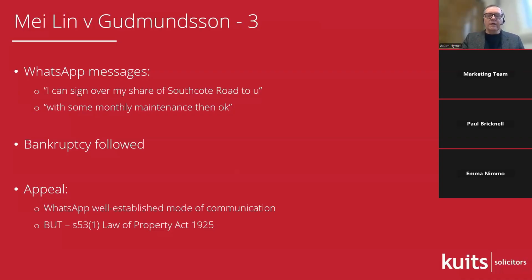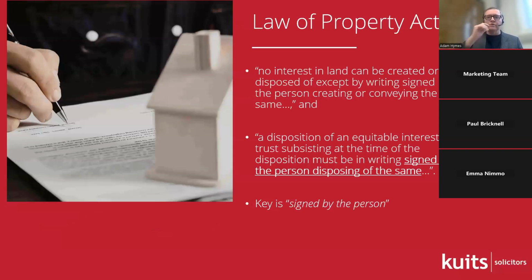So the matter proceeded ultimately to an appeal, where the judge held, although WhatsApp is a well-established mode of communication, and as I'll touch on a little later, cases have turned on both WhatsApp and emails and faxes back in the day, so there is case law around this, but the problem resides in Section 53(1) of the Law of Property Act, as I'll go into more details shortly.